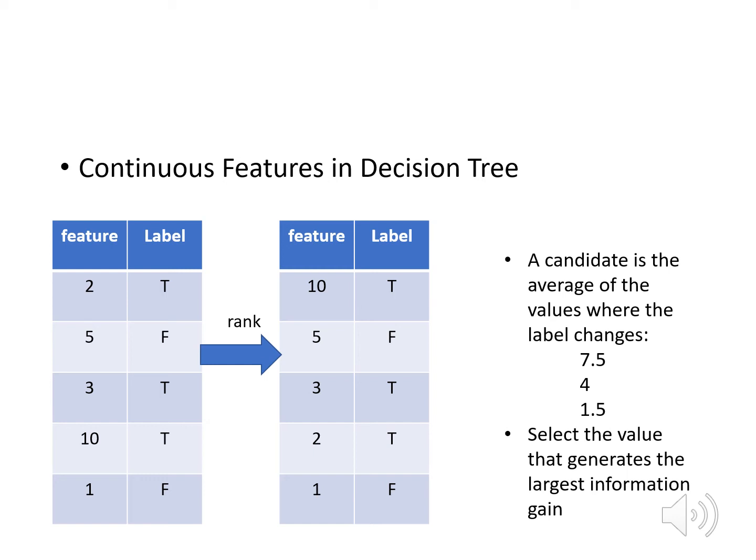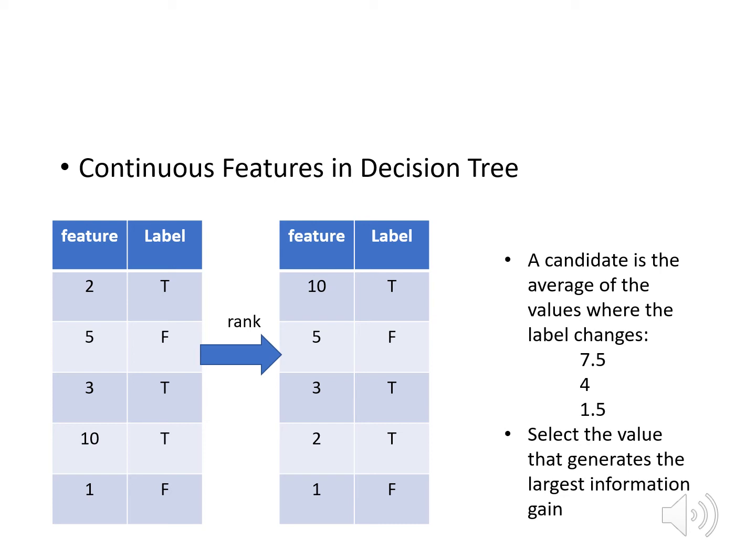For example, here from the first example to the second example, the label changes from true to false. Then the average of 10 and 5 will be selected as a candidate. Then also from 5 to 3, the label changes from false to true.